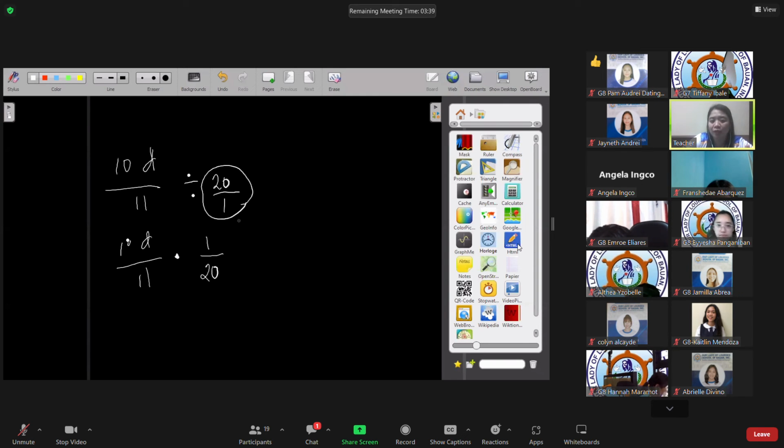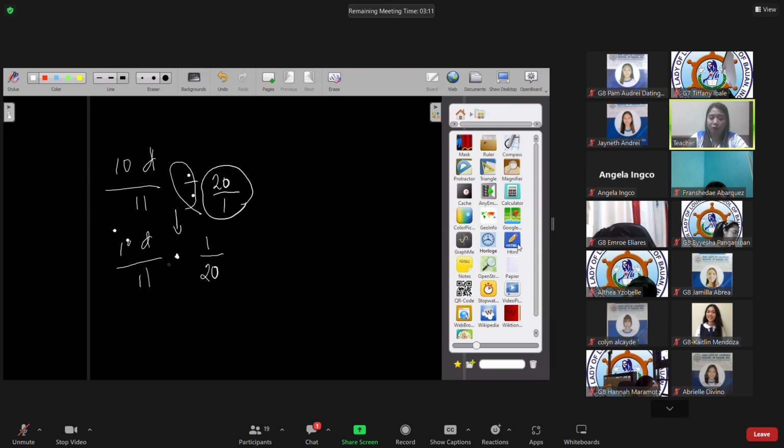So yung 20 over 1, magiging 1 over 20, and then proceed sa multiplication. So papalitan natin ang sign, from division, magiging siya multiplication. And then, same procedure. So 10d over 11 times 1 over 20. So how are we going to multiply this?